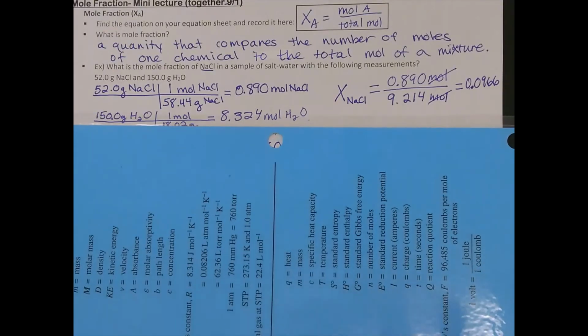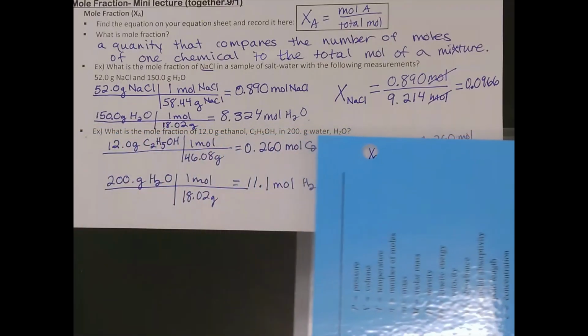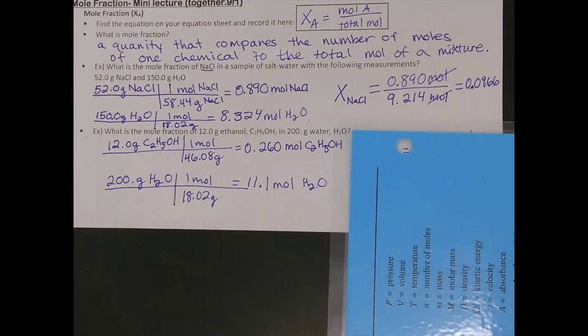All right, were we able to find our moles of our two chemicals? Yeah. Okay, let's check our moles. Did we get that part? Question. You got your significant figures. For which one?